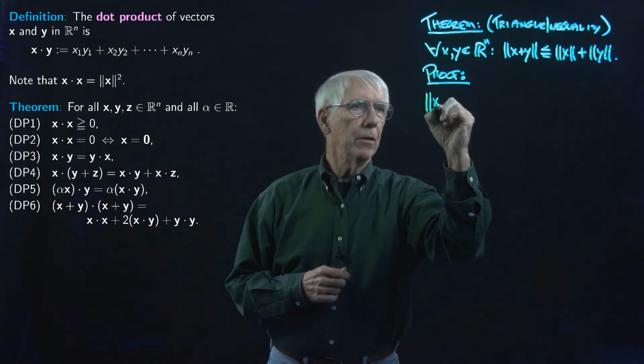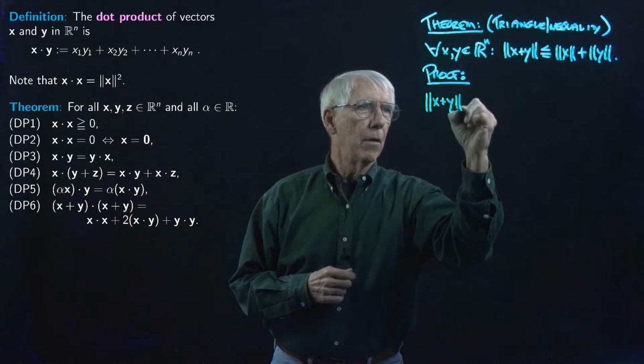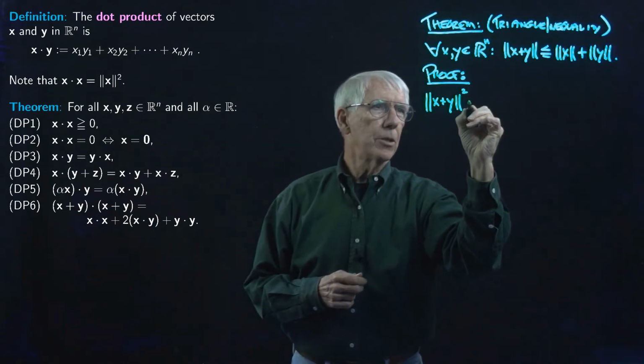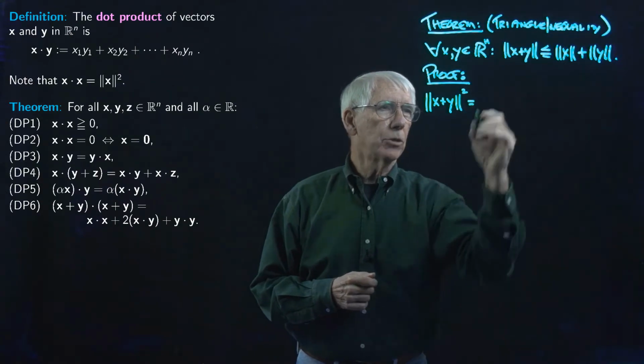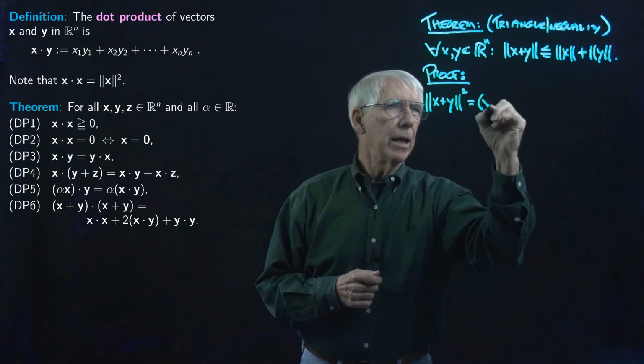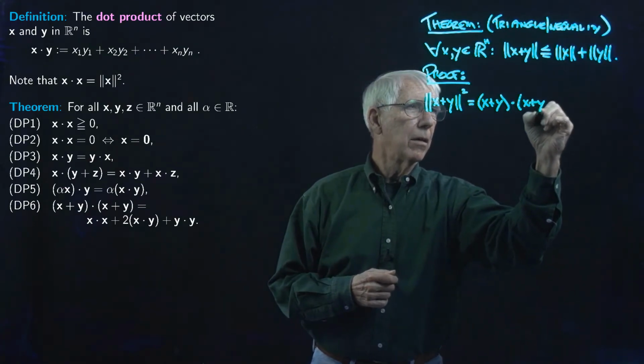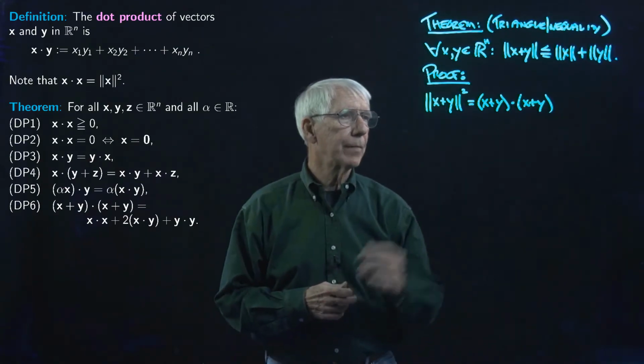Let's look at the norm of x plus y squared. So that is equal to x plus y dot x plus y.